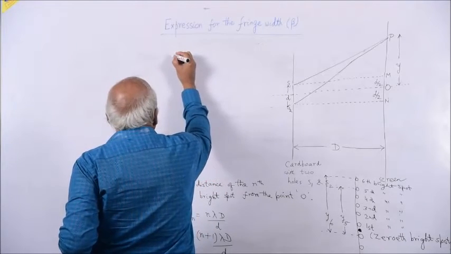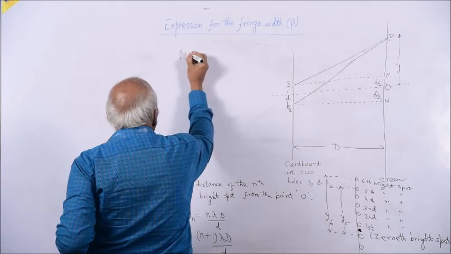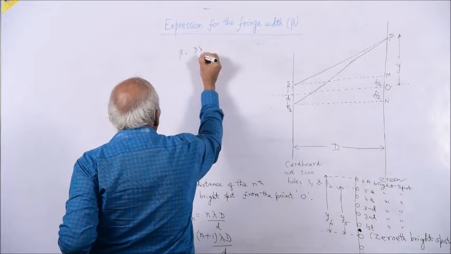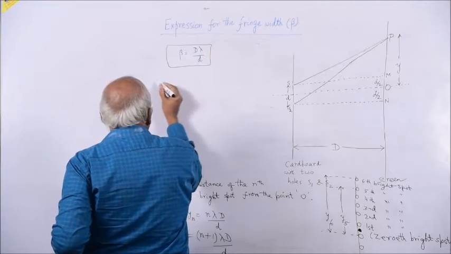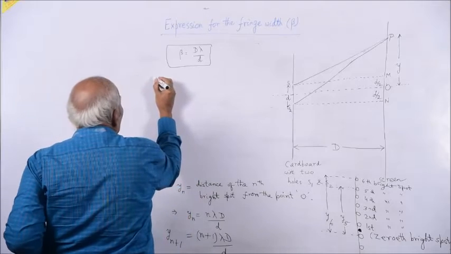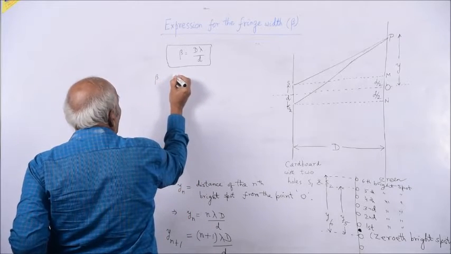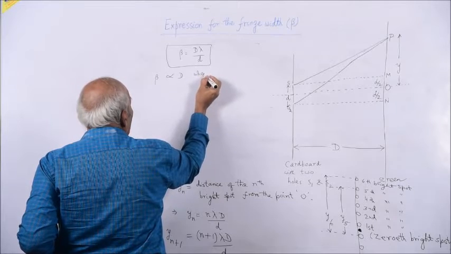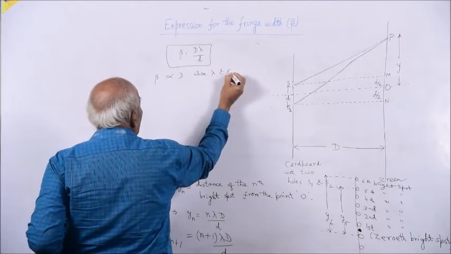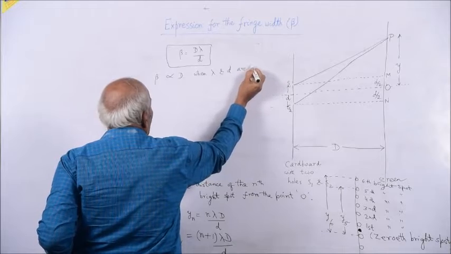So, you get the expression beta is equal to D lambda by d, and from this it follows that beta is proportional to D when lambda and small d are kept constants.